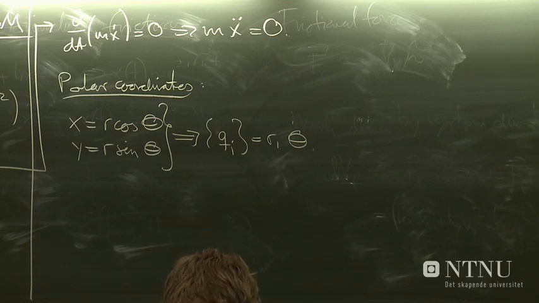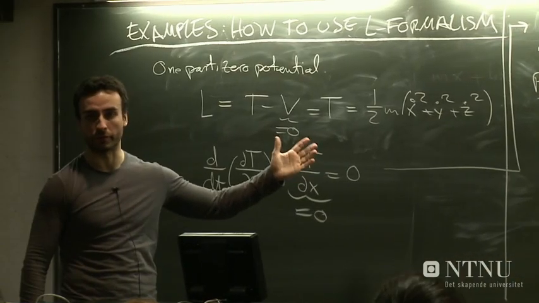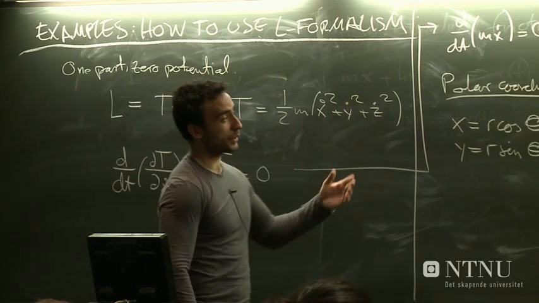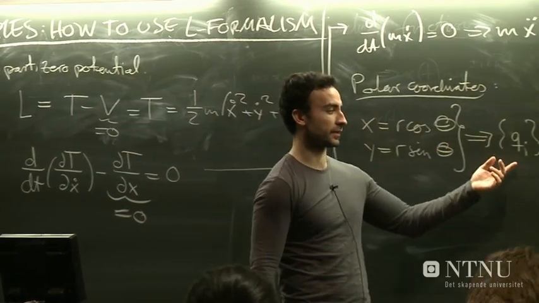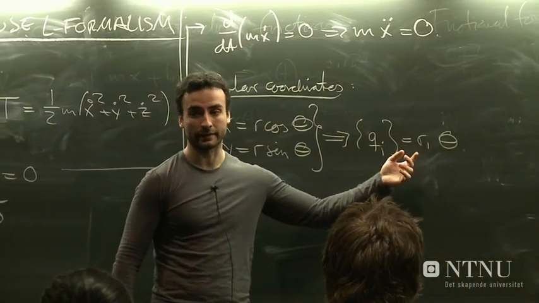Whereas the generalized coordinates in the previous case were x, y, z for a particle moving in 3 dimensions, in polar representation, the generalized coordinates are r and theta.